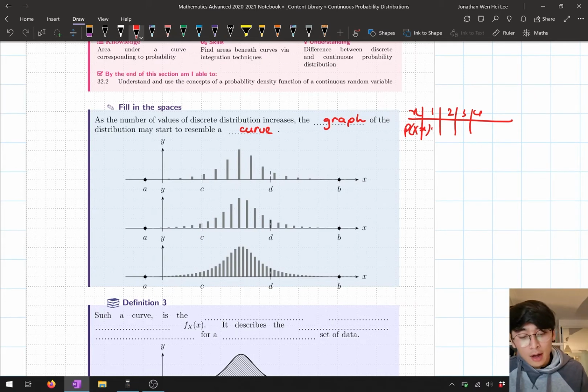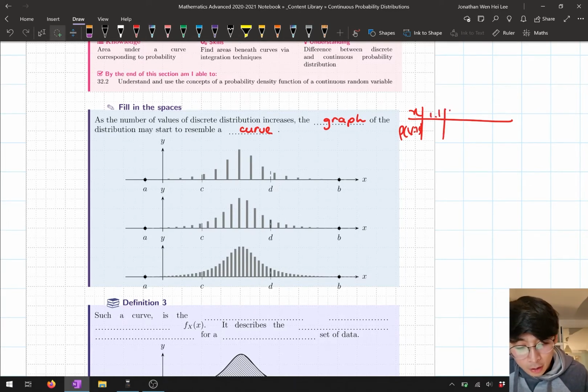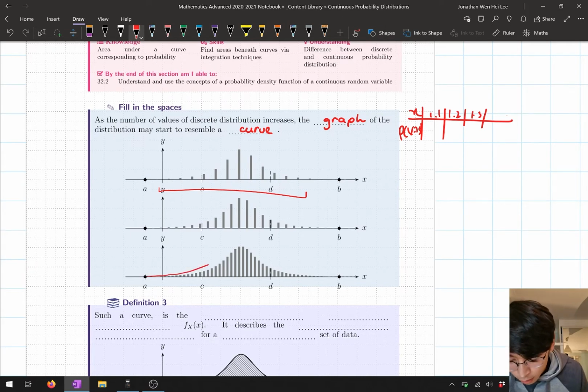The more accurate your scores become, for example, if instead of having 1, 2, 3, 4, we go up by 0.1, 1.1, 1.2, 1.3, and so on, the more data points you have, and suddenly your distribution starts to look more like a curve than separate columns. Notice at the beginning we've got fewer scores, so fewer columns, and it looks like individual columns. But the more you get, the more it starts to look like a curve down here.